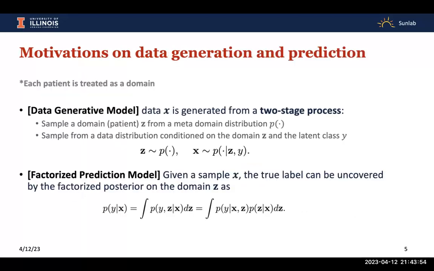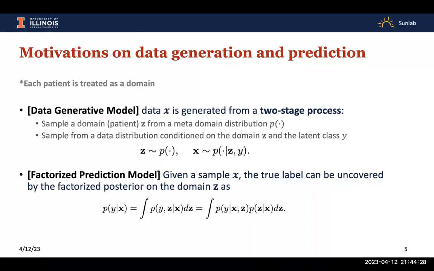And this is the motivation of our models. We will introduce a data generative model, which is an assumption on the data generation process, and the motivation for building a factorized prediction model to get the true labels. Remember, in my presentation each patient is treated as a domain because they are very different. They have different styles.